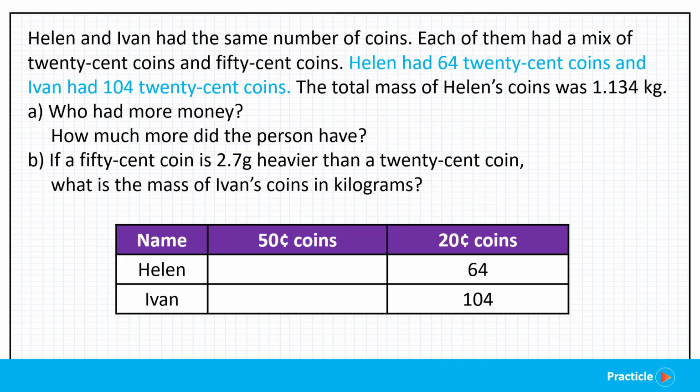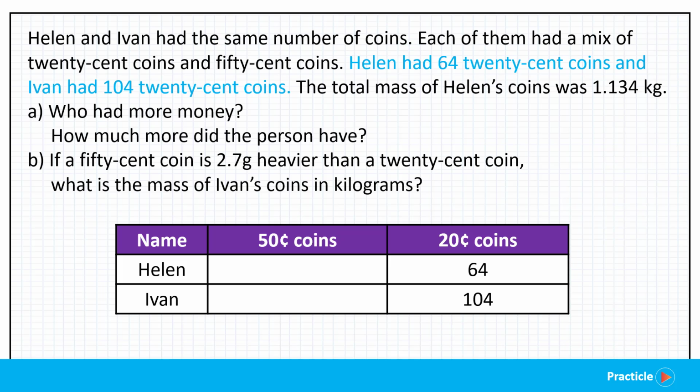Now let's think about what we can tell from this. Since we know that Helen and Ivan have the same number of coins, this means that whatever number of 50-cent coins that Helen had, plus the 64 20-cent coins that she had, must be the same as whatever number of 50-cent coins that Ivan had, plus the 104 20-cent coins that he had.